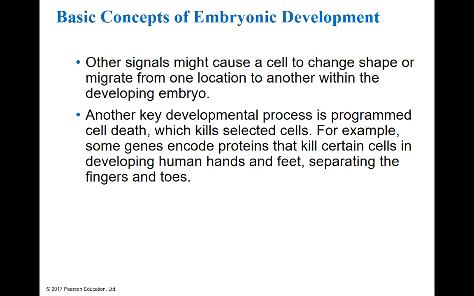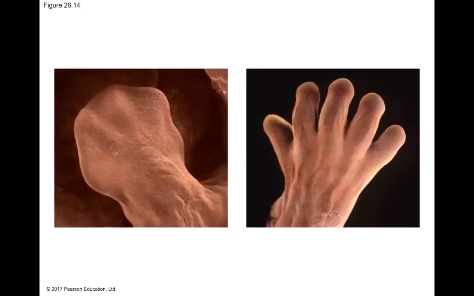Another key developmental process is cell death. Although it seems counterintuitive, right? How can you develop if the cells are dying? But this is what regulation is. Some genes encode proteins that will kill certain cells in order to give us our hands and feet so that the fingers and toes can be separated. Let's look at a picture. If we do not have apoptosis, if we do not have cell death, then we do not develop fingers, right?